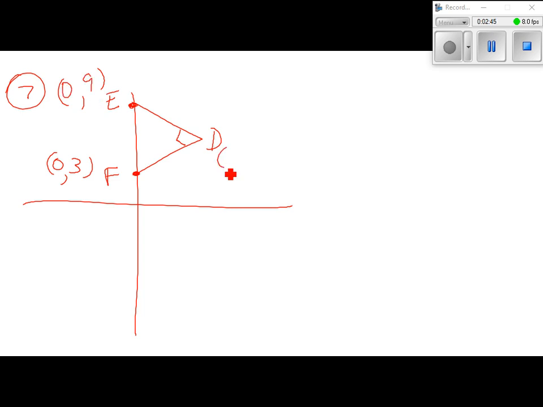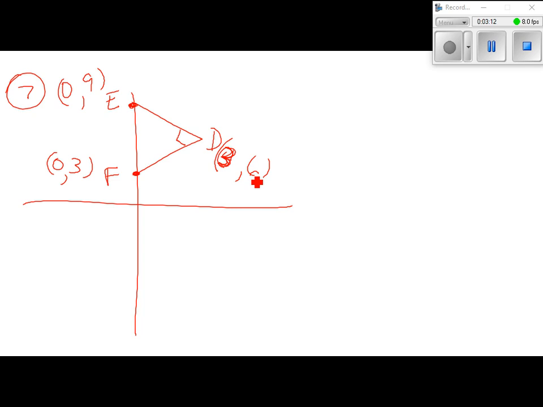D? 3, 6. Is that what we're going with? Yes. Right. Now, what they wanted you to tell was each angle and each side.